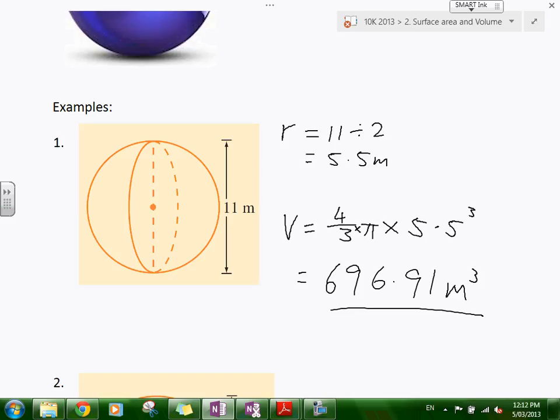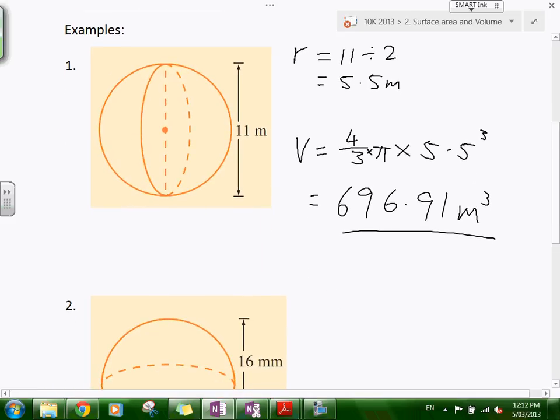You might get a result in your calculator, but you know you can estimate. If you get a result that is saying 129 or something, well, 5 cubed is 125. So if you're multiplying by pi, which is 3 point something, and then 4 over 3, which is 1 1/3, it's probably not going to be 129. So we're just using those sort of estimating skills to make sure that you are doing that right.